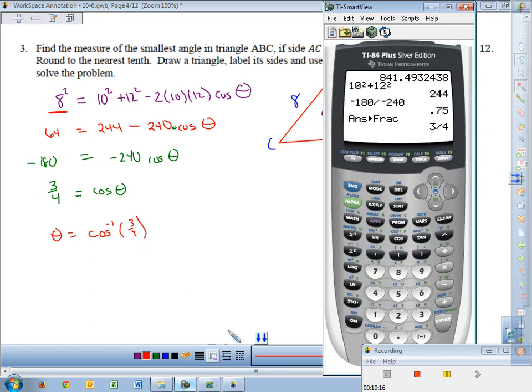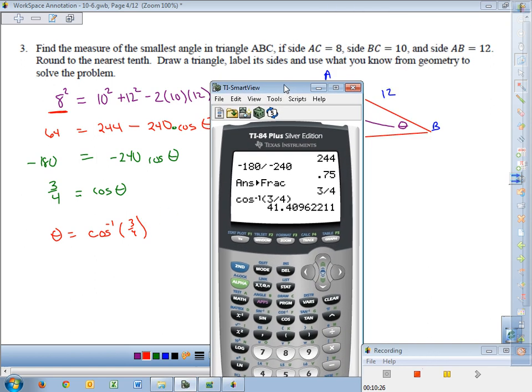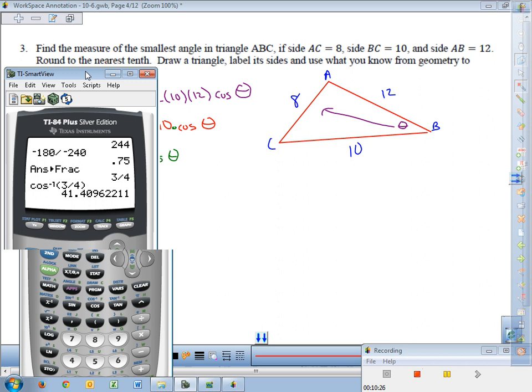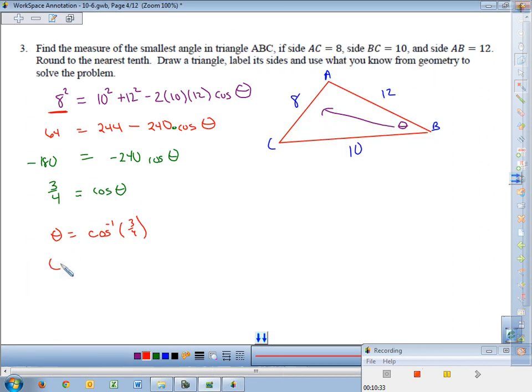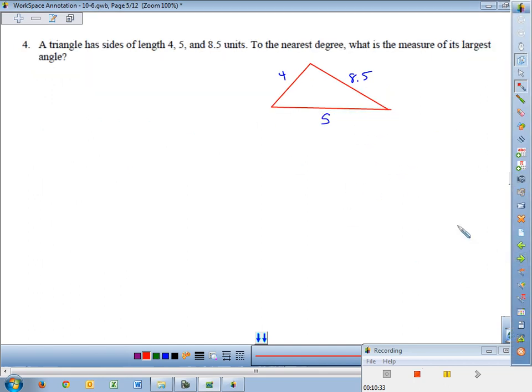And we'll punch that in. The inverse cosine of 3/4. What do they want us to round to? Round to the nearest tenth. Reading is fun. Theta is about 41.4 degrees. So that would be the measure of the smallest angle in that triangle, because he's across from the smallest side.